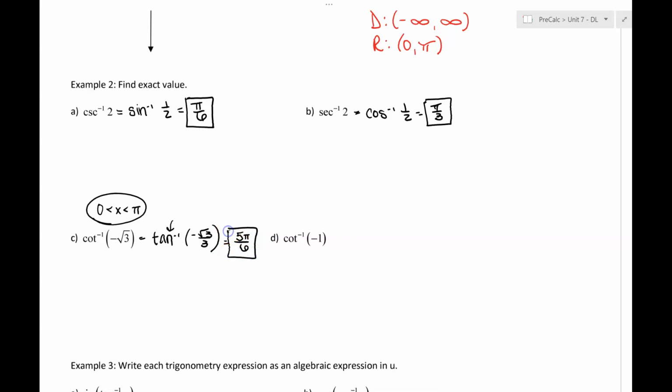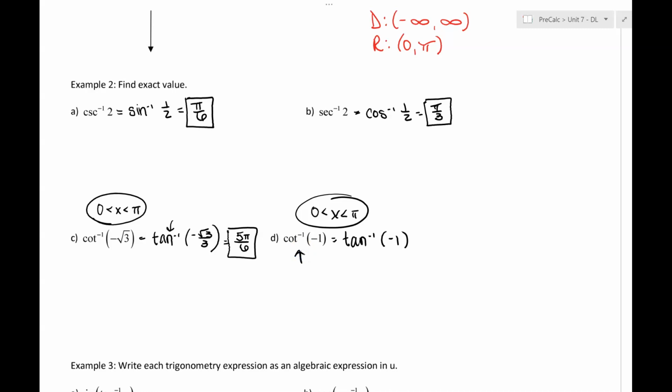Cotangent's the only one you have to be a little bit careful of, okay? Inverse cotangent, I'm going to write this out for those of us that need to see it, okay, of negative 1 means we're looking for the inverse tangent of negative 1. Normally I would say this is negative pi over 4 because that's where tangent is restricted, an inverse tangent. But it's cotangent what we're looking for.